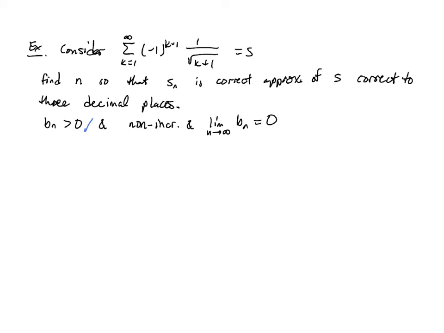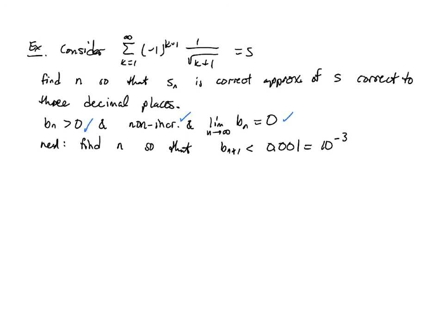Those are things that we have already checked and confirmed, so we won't do that again. And now what we'll do is we'll say what we need is to find n so that b(n+1) is less than 0.001. In other words, less than 10 to the minus 3. That's what it means to be correct to 3 decimal places.